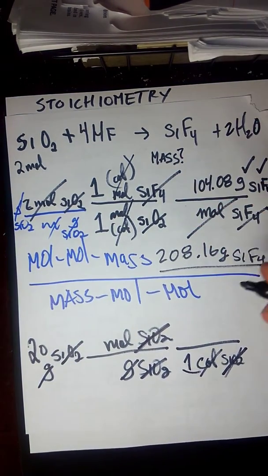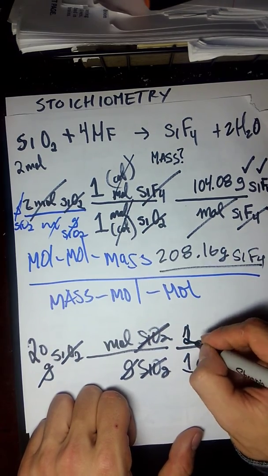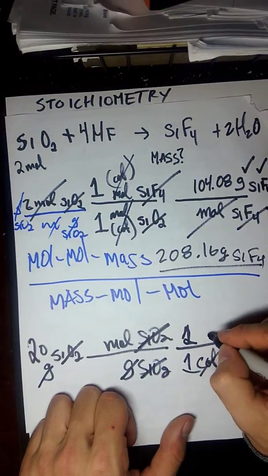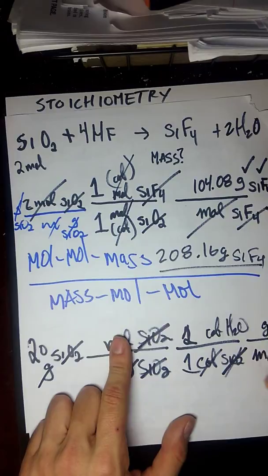But in this case, it wouldn't matter anyways. You're doing a 1-to-1. But if I wanted to find the moles of H2O, then I'm going to say 2 coefficient of H2O, and that's where it will matter and affect you. And then you could say grams per mole, and this would be your molar mass of H2O, which is 16 for oxygen plus hydrogens.